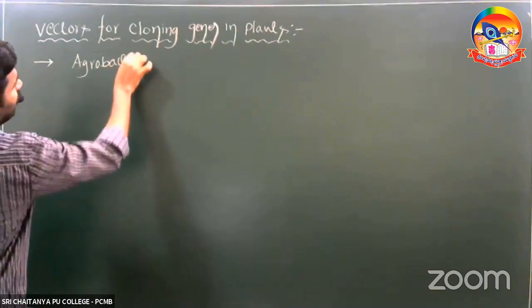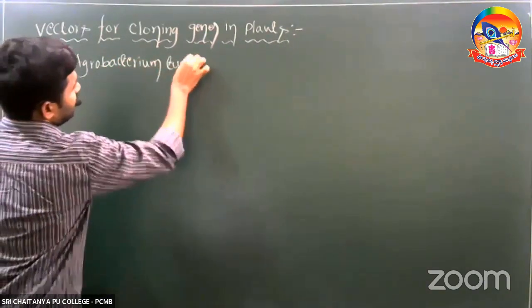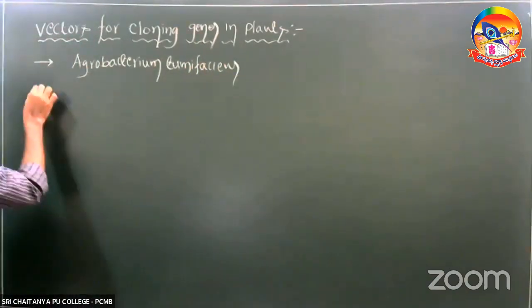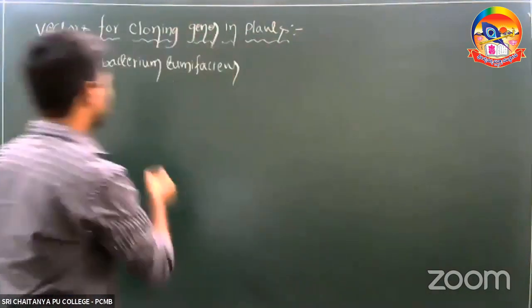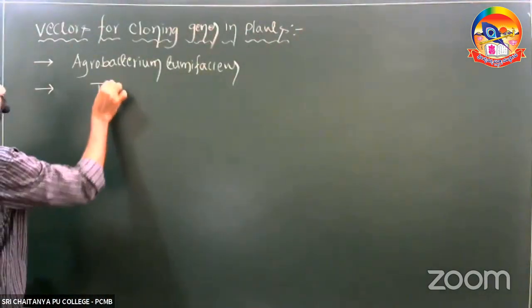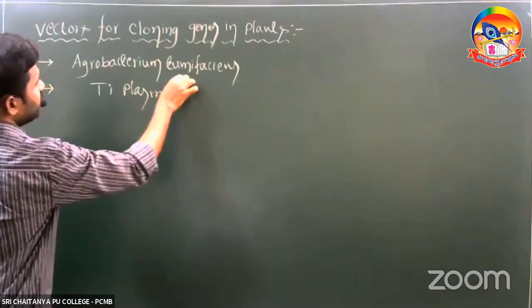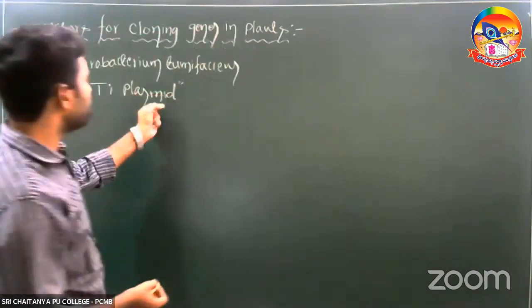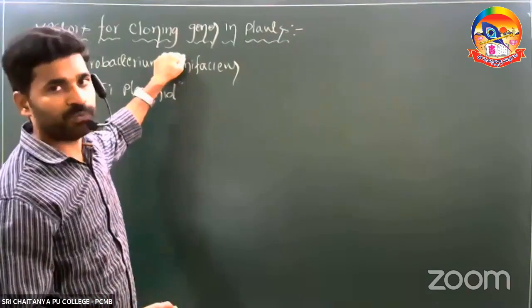Agrobacterium tumefaciens consists of the Ti plasmid. So what is the Ti plasmid? Tumor inducing plasmid. That tumor inducing plasmid is located in Agrobacterium tumefaciens.